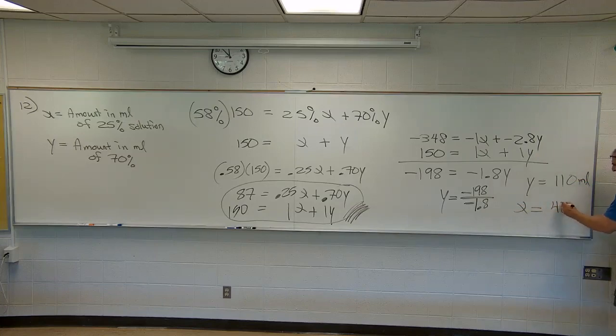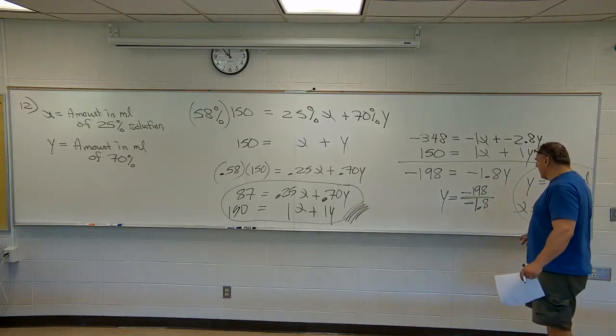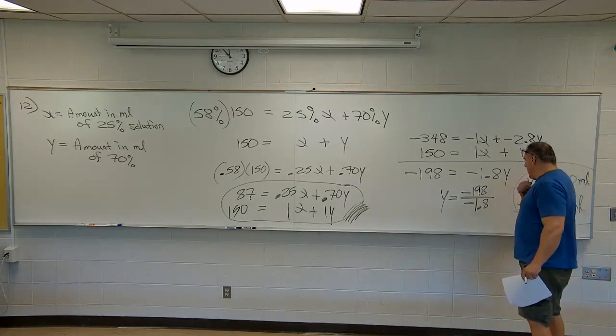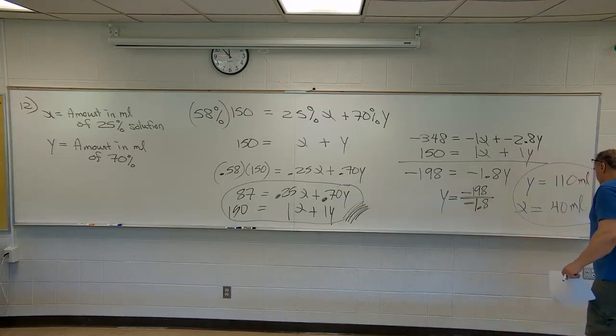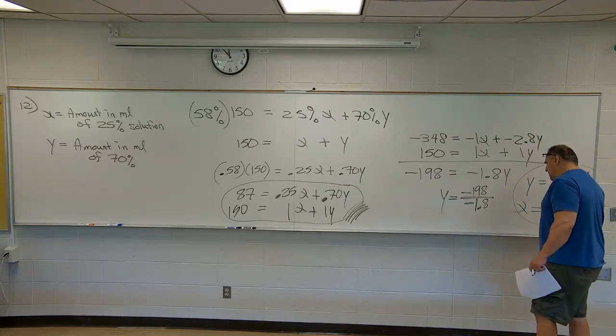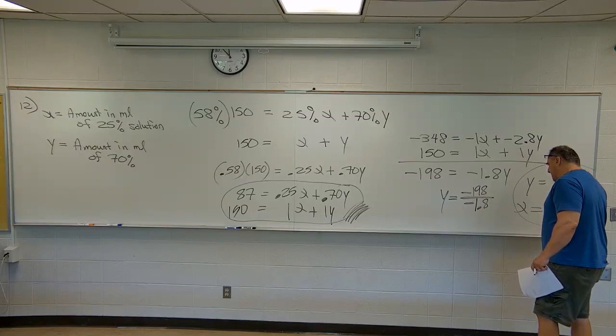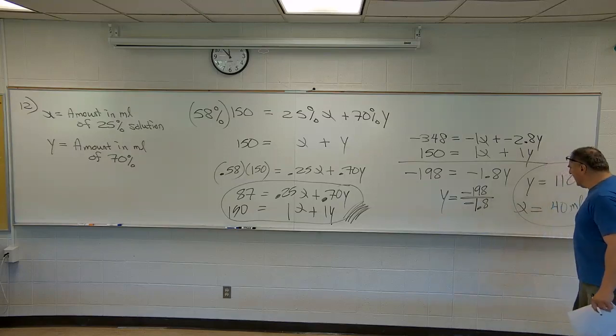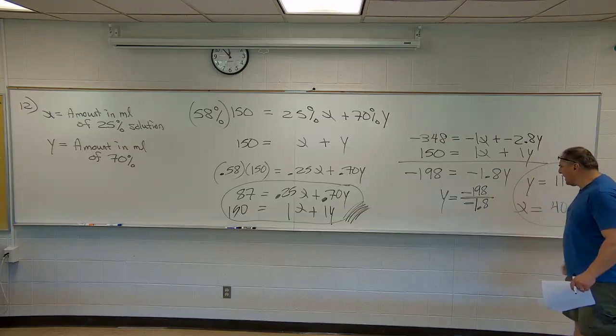What is x going to have to be? 40 milliliters. That might be the whole problem solved right there, you guys. Let's take a look at it. Negative divided by negative is positive.